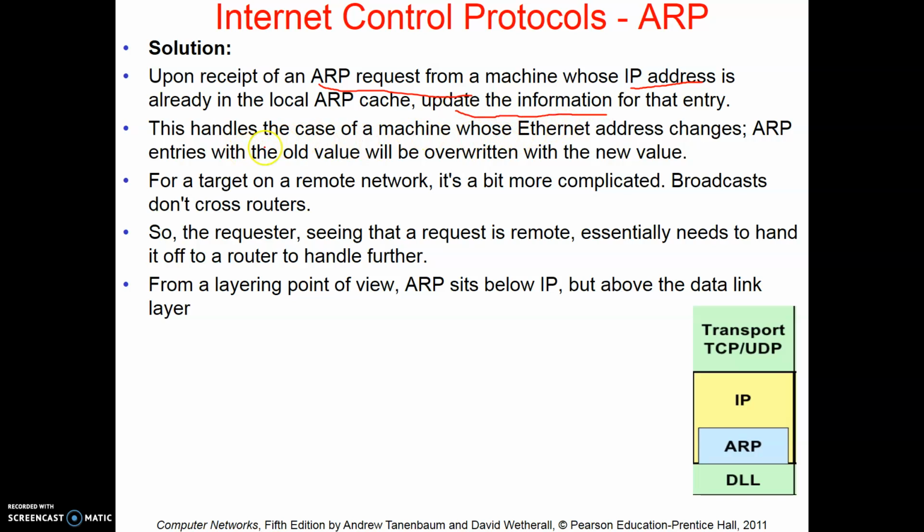This handles the case where the Ethernet card of a machine is changed or a new machine is brought up: the ARP entry with the old value will be overwritten with the new value. As I said earlier, only the devices which come under the particular communication will update the corresponding cache. And this is about the Address Resolution Protocol.